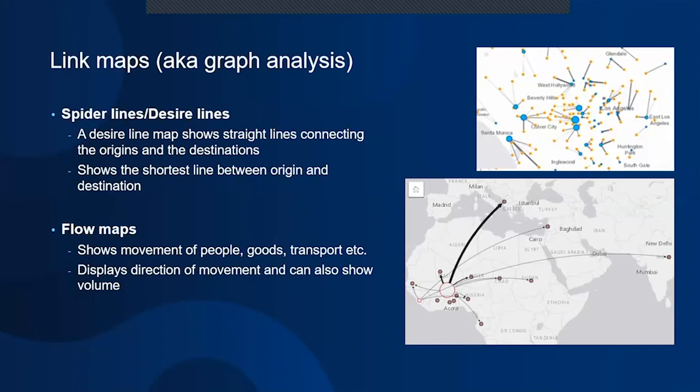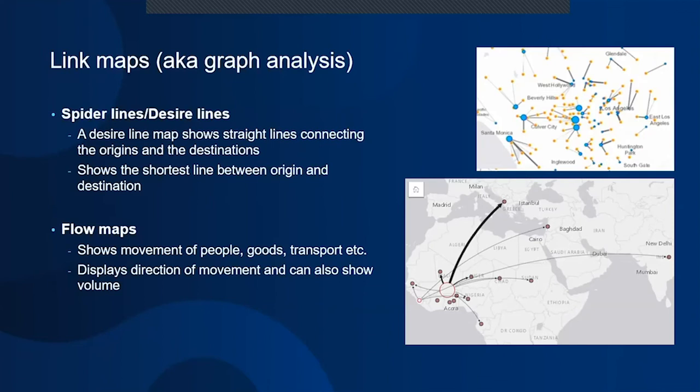The thicker the line, the stronger the connectivity between the origin and destination. We can also analyze the nodes. The larger the nodes, the higher the gravity towards these nodes. So for instance, if we have a hospital, it will be more operating because of the cases.